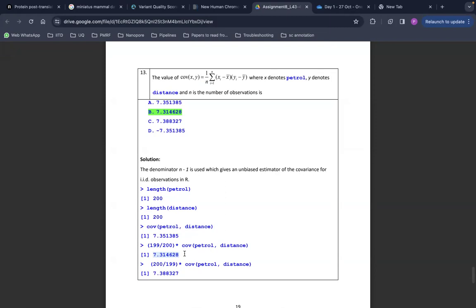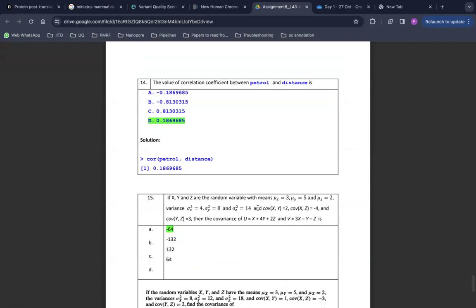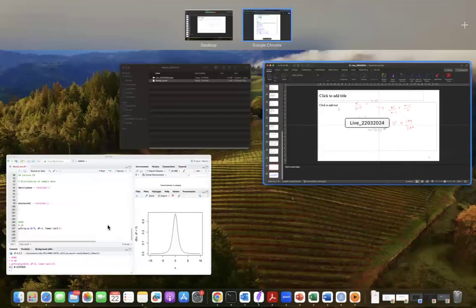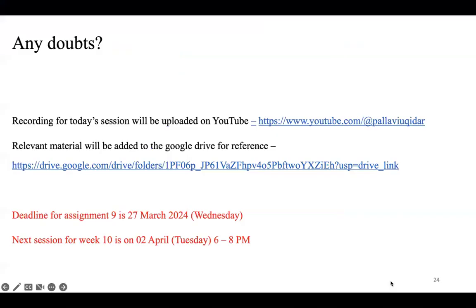Yes, madam. All right. Okay, so that's it then. Just to mention something, the deadline for this week's assignment is going to be the coming Wednesday. And next Friday, I would not be able to take a session.